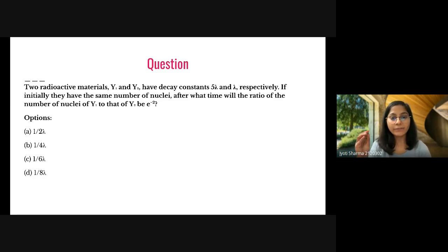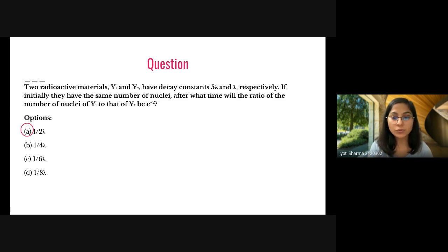We have that equation for Y1, and we also have it for Y2, where the decay constants are 5 delta and delta. We will divide those two equations, and this is how we will get the ratio of Y1 divided by Y2.